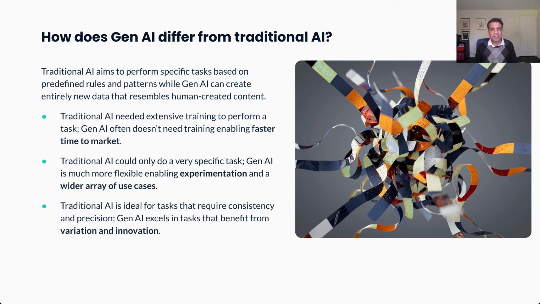This flexibility and generative capability makes Gen AI well-suited for tasks that have variation rather than those that require strict consistency and precision. It opens up a wider array of use cases compared to traditional AI. For product managers, a big benefit is that you can experiment with Gen AI yourself without having to find AI experts on your team. This helps you incrementally add AI capability to your products.